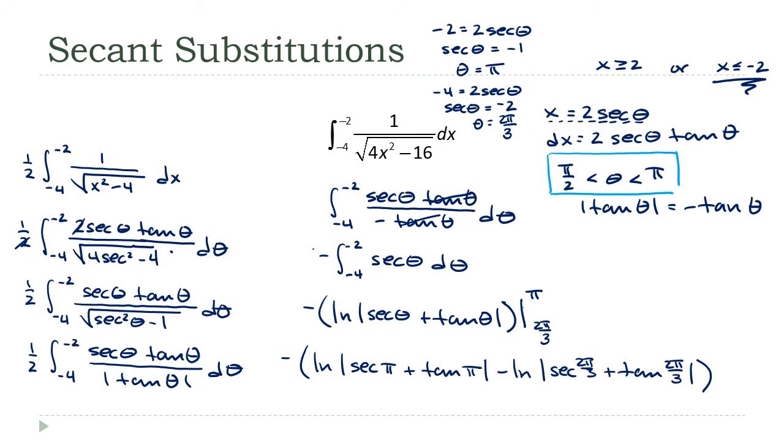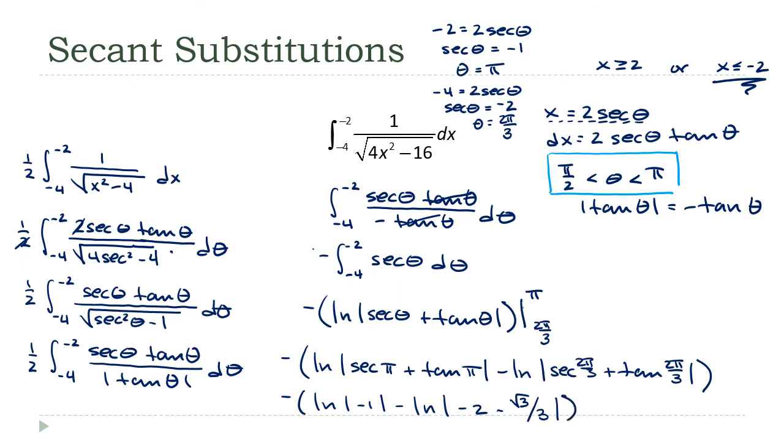Tangent of pi is 0. So this is the log of the absolute value of -1 minus the log of the secant of 2 pi over 3, that is -2, plus the tangent of 2 pi over 3, which is negative, actually. So this will be minus square root of 3 over 3.